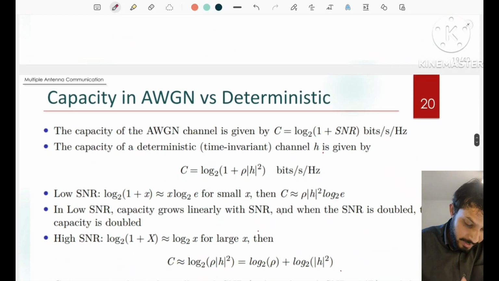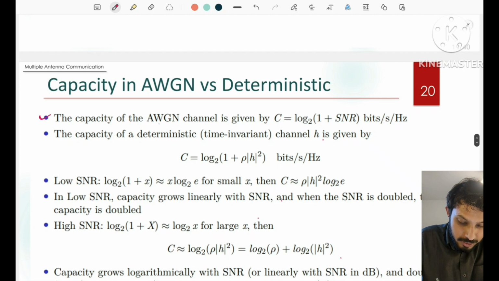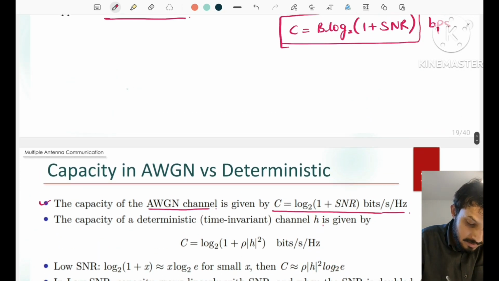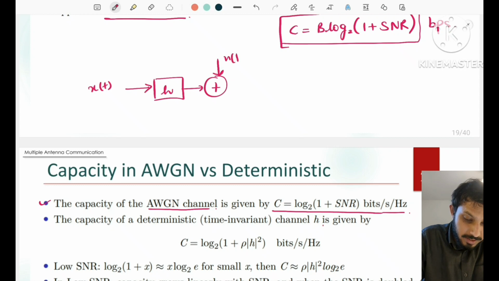Now we have seen that the capacity of AWGN channel is given by C equal to B log2 of 1 plus SNR bits per second. And now in case of wireless channel, if we consider this x of t, and if we have a channel h, then we have the addition of n of t, and we have an output y.